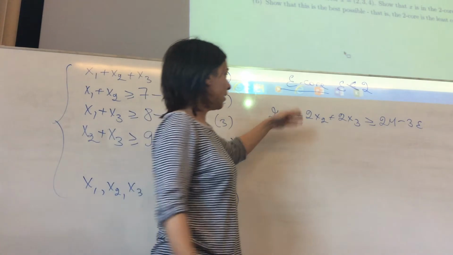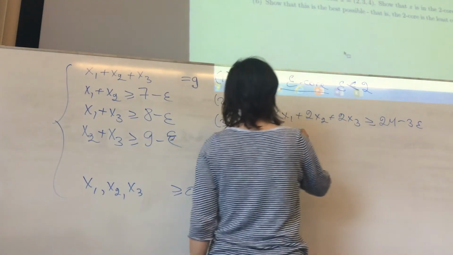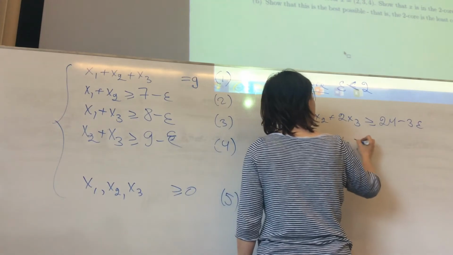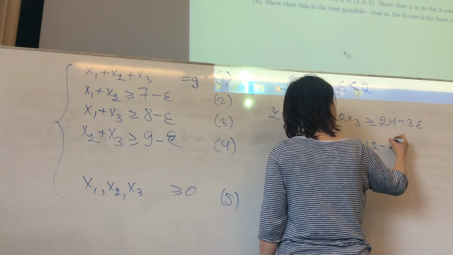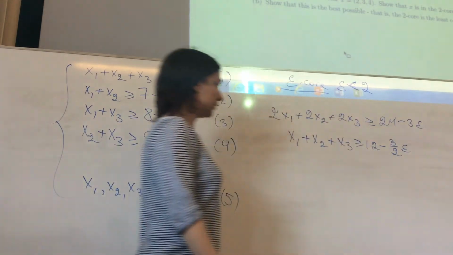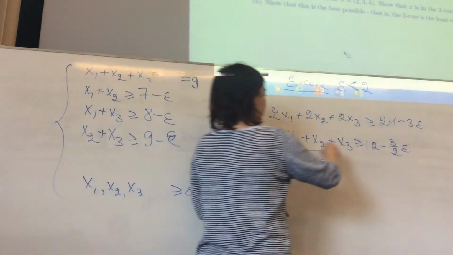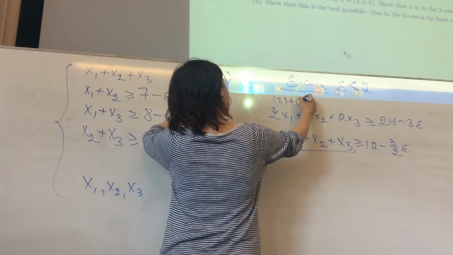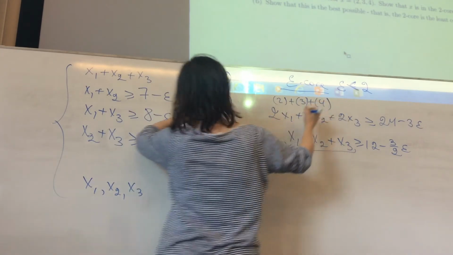I can now divide by 2. I get x1 plus x2 plus x3 greater or equal 12 minus 3 divided by 2 epsilon. Now, so this was what? 2 plus 3 plus 4.